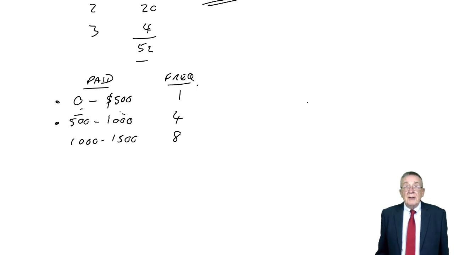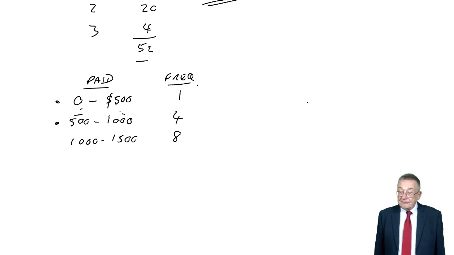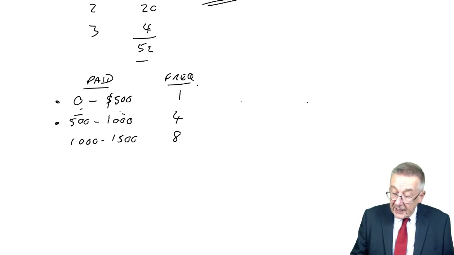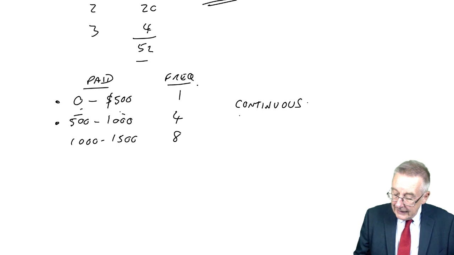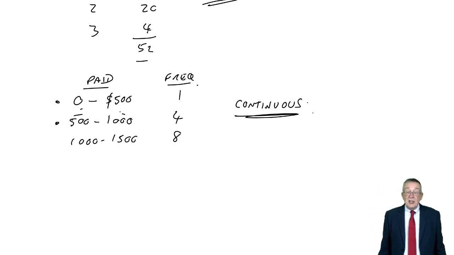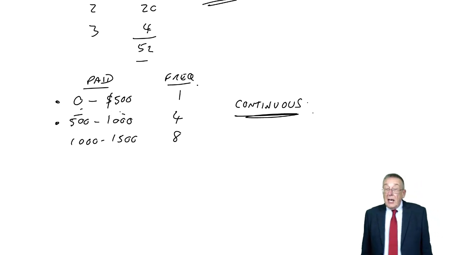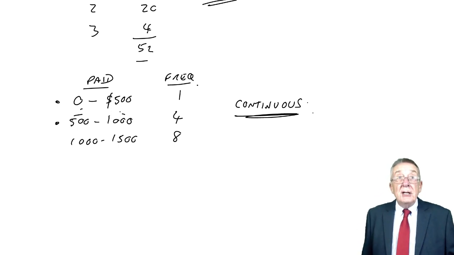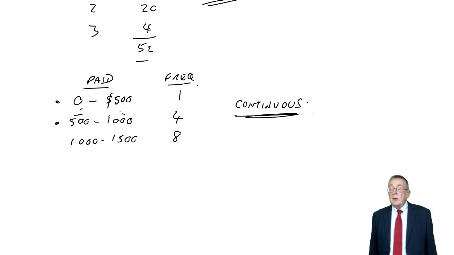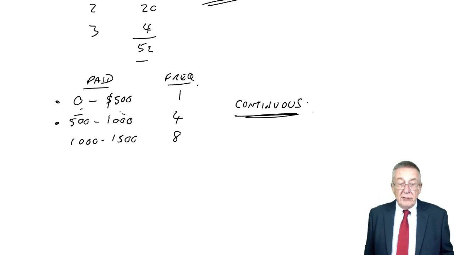But we're not really worried about 1 cent. And so there are 2 different ways of setting up the table. The first one is discrete, and this is continuous, when we're doing it in ranges. Now, no big problem, except, as you'll see, it does slightly affect the way we go about calculating the averages.